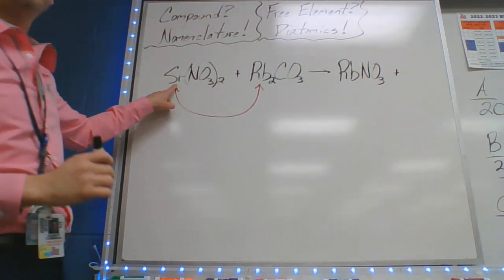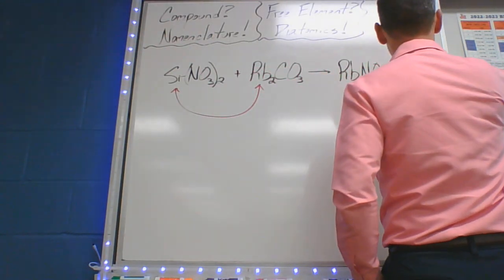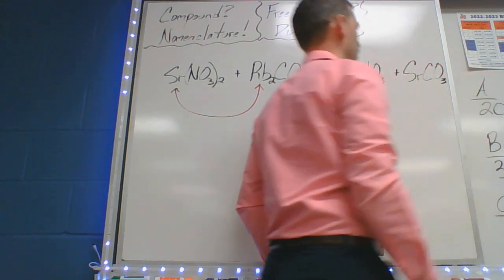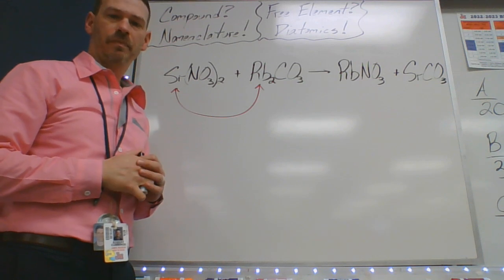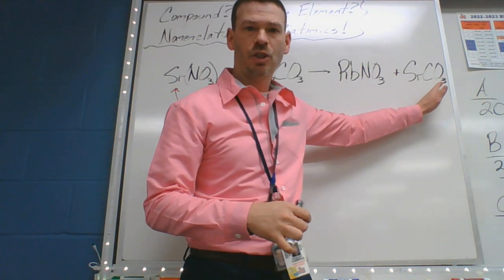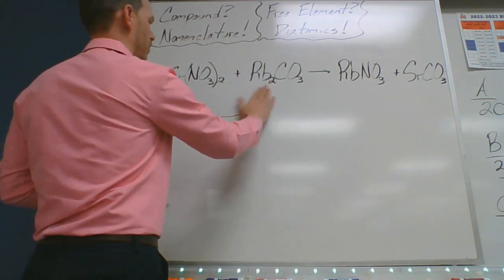We want strontium on the other side to be bonded to the carbonate. This compound is +2, -2 if you check the oxidation state, so there's, again, no crisscross.